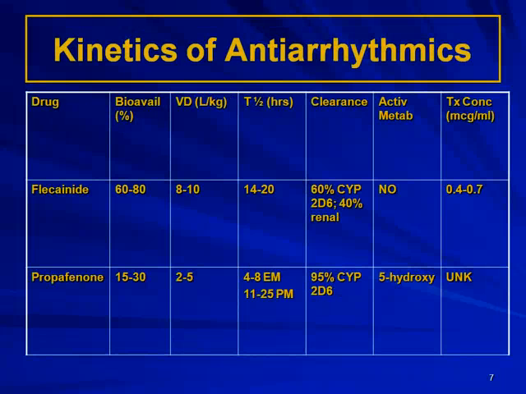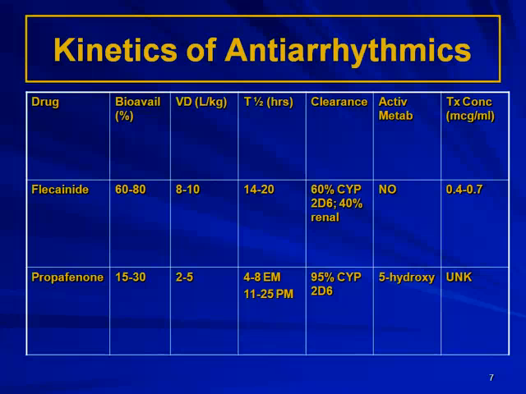The nice thing about flecainide is that only about 60% of the drug is cleared by 2D6, by the hepatic route, 40% renally. So if you encounter a patient that is a poor metabolizer, then I think the nice thing is you're going to have the lesser potential for accumulation of flecainide and adverse outcome.